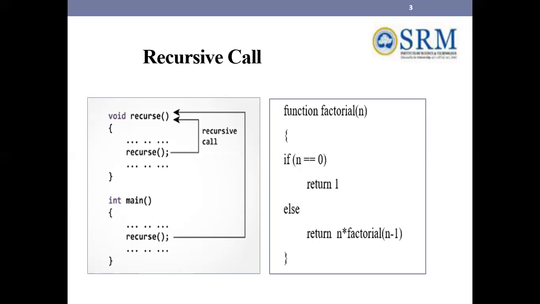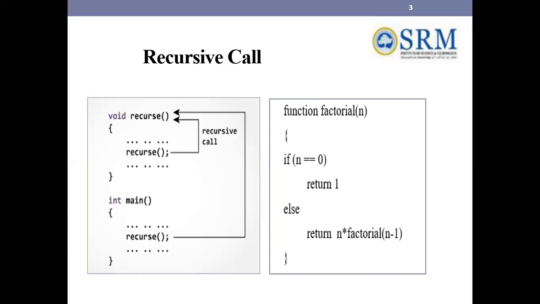The function name and the function call both are the same, so that means the function calls itself. When the recursive case is satisfied, the function calls itself. If the base case is satisfied, the termination of the recursive function will happen.